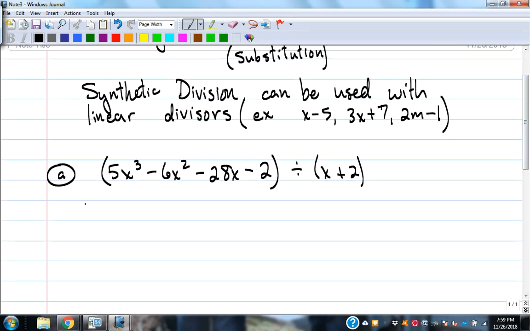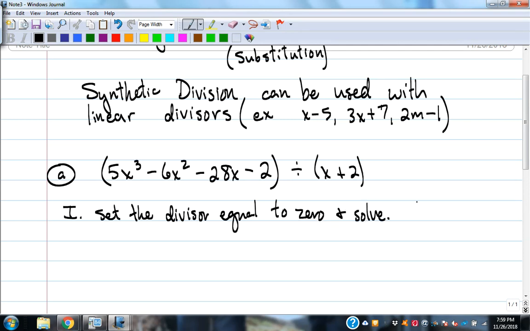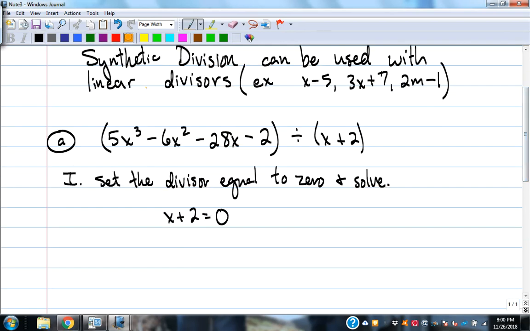The first thing you do is set the divisor equal to 0 and solve. Okay. So we're going to set x plus 2 equal to 0 and solve it. I would subtract 2 and get x equals negative 2.